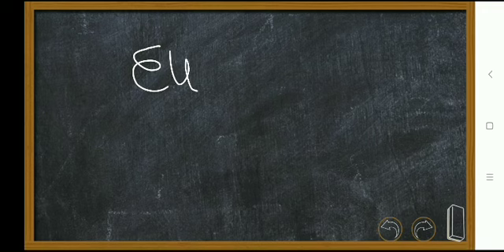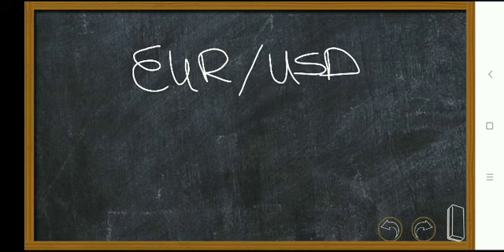Let's start with a recap. We said we have a base and a quote in a currency pair, right? And remember, this is Forex. It's part of the market, the online market. Remember, a market is where people gather with the intention of buying or selling goods.